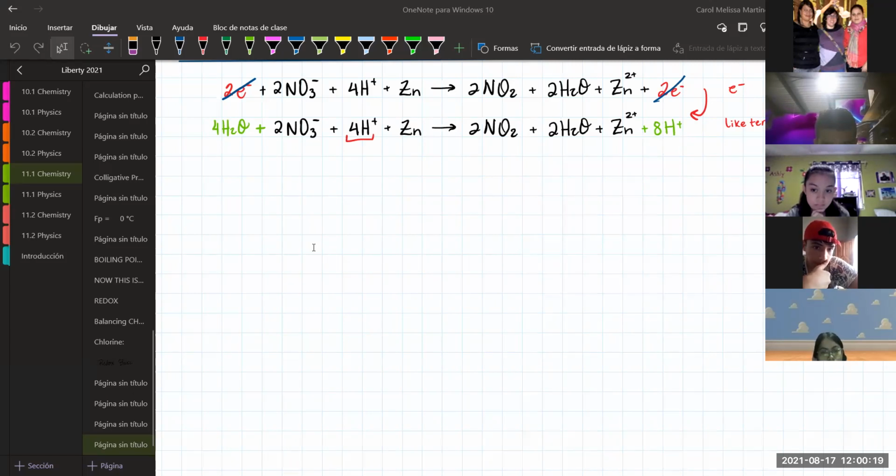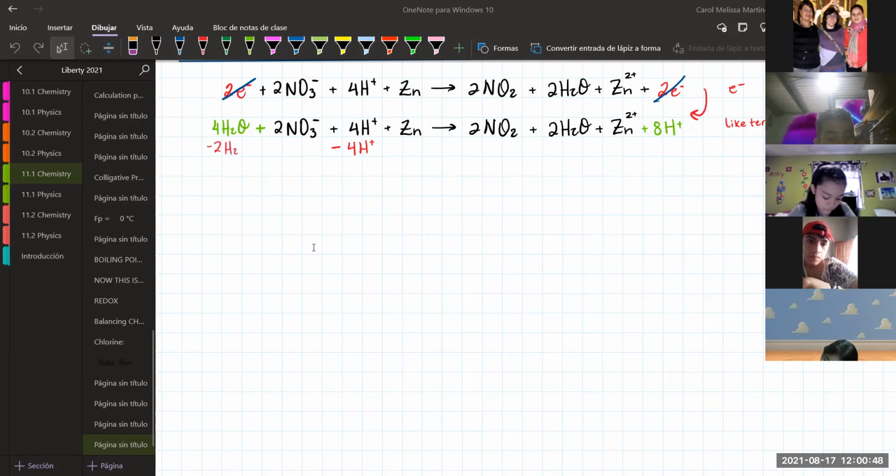Ahora, ¿cuál vamos a restar y de dónde? Siempre vamos a restar el número más pequeño. ¿Ok? Entonces, por ejemplo, vamos a restar 4H plus, porque sería el más pequeño entre 4 y 8, el más pequeño es 4. Y entre agua, water, we have 2 waters here and 4 waters in the reactant. En ese caso restaríamos 2 aguas.